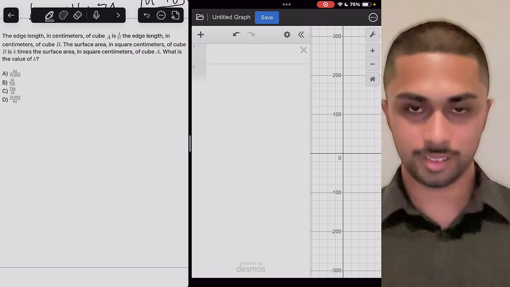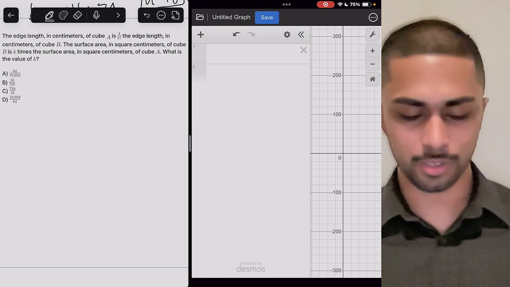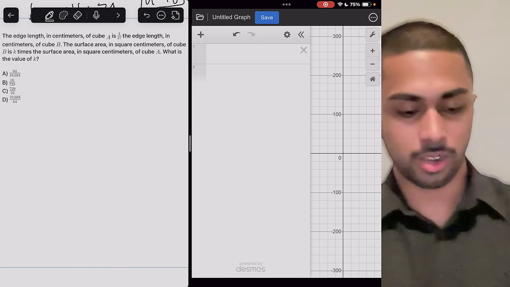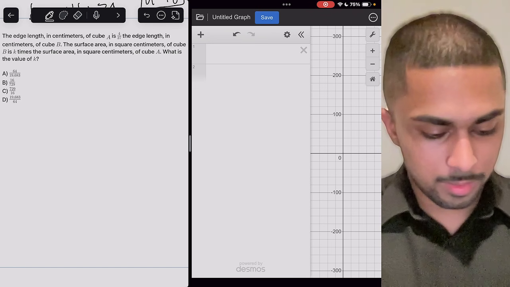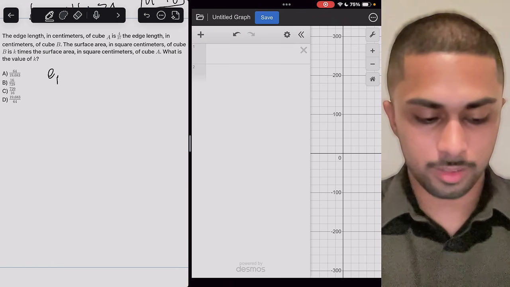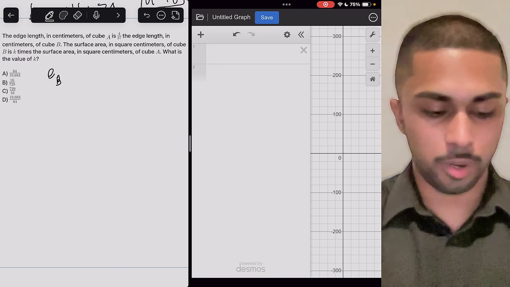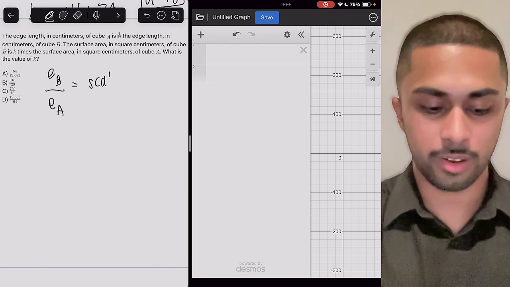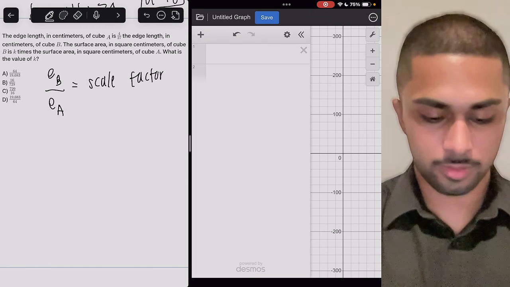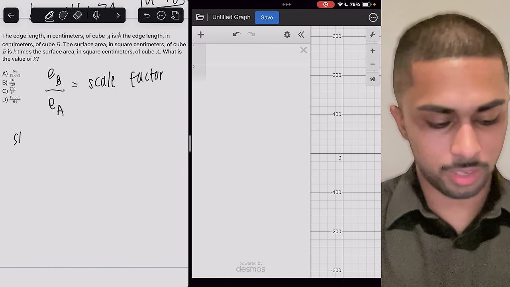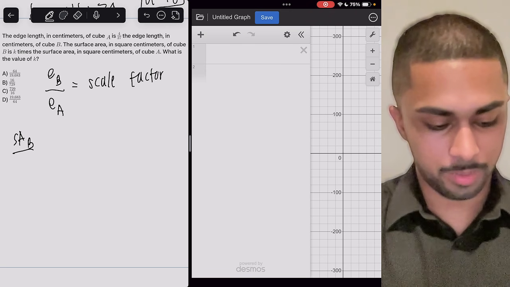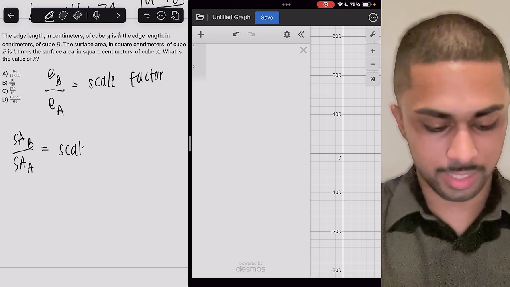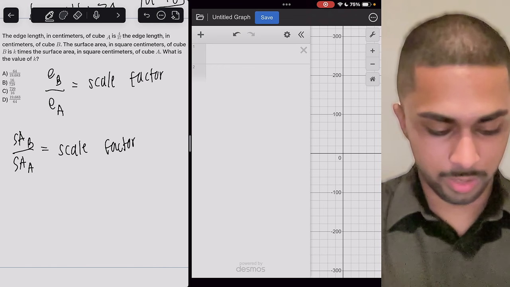Let's dive deep into our minds and think back to earlier in this video. What did we talk about? The edge length of one shape divided by the edge length of a similar shape is equal to the scale factor. Now, the surface area of that shape divided by the surface area of its similar shape is equal to the scale factor squared.